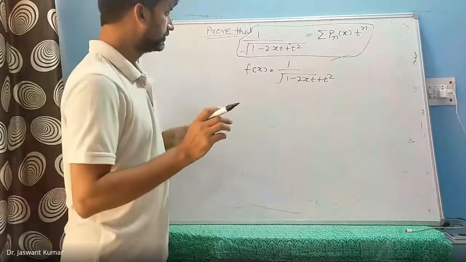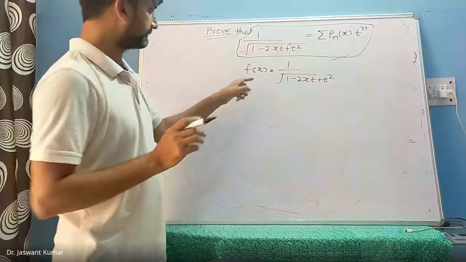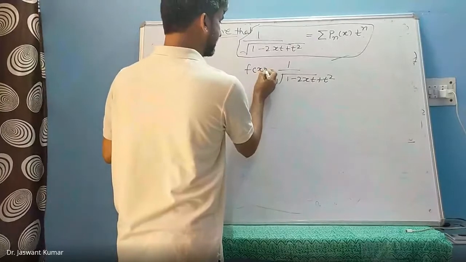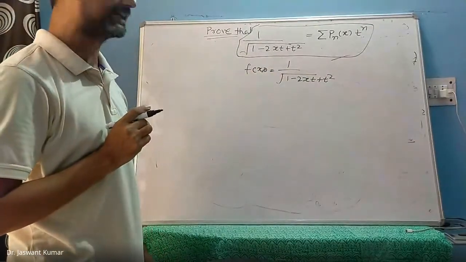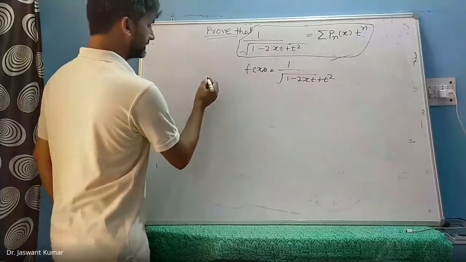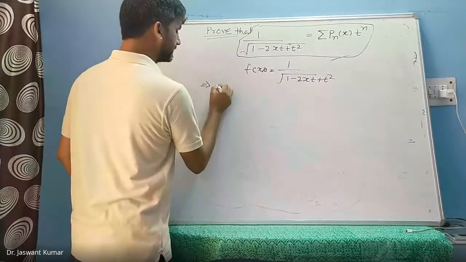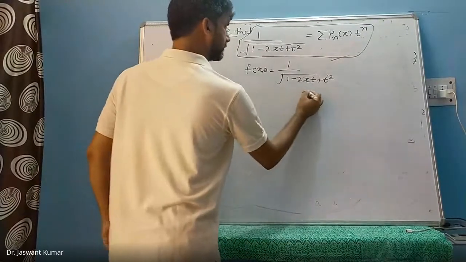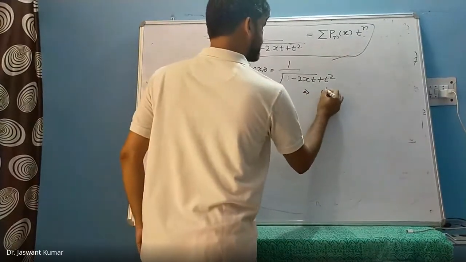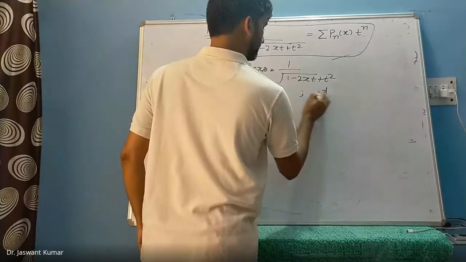So the starting point is that this f(x,t) can be written as 1 by square root of (1 minus 2xt plus t square). And the two steps that we do are: you first take df by dx, and the second thing is you calculate df by dt.